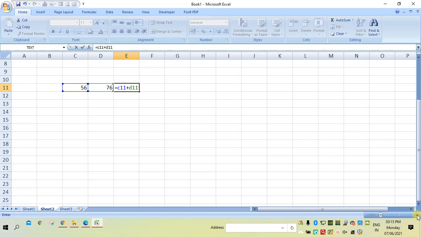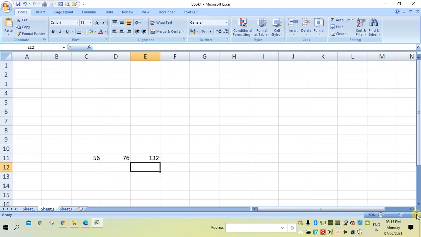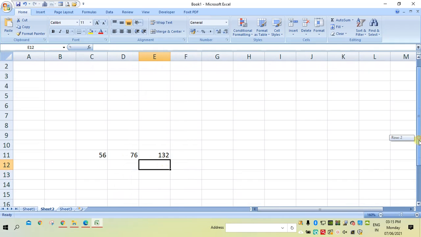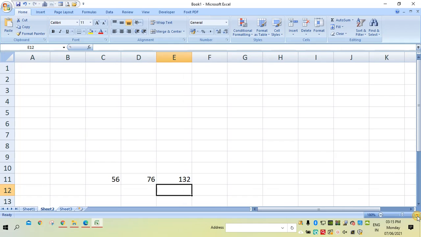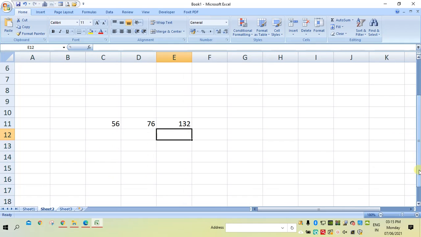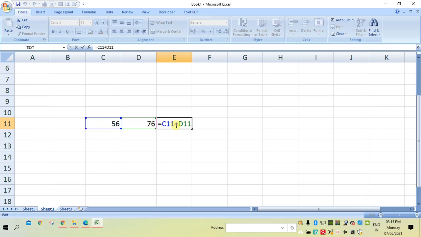I'll zoom in a little so that you can understand. This is the formula. C11 means this one, D11 means this one. Both are added and it gives the result.